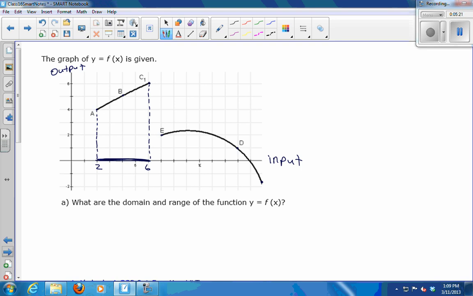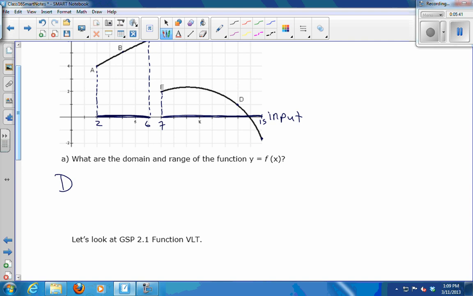What x values does that piece live on? 7 to 15. Okay, so my domain is the set of x values where the function lives. So my domain here is going to be 2 to 6 unioned with 7 to 15. So that's the set where my function lives, the set of x values.